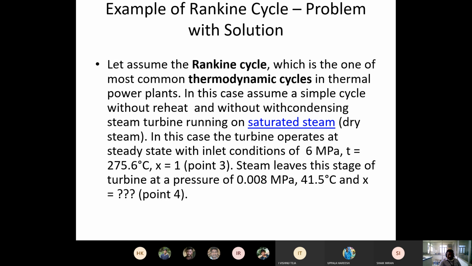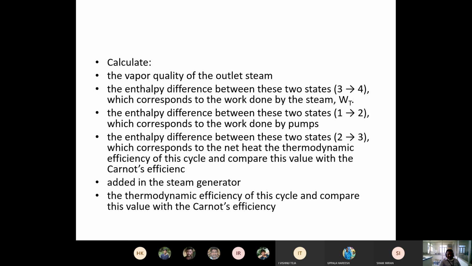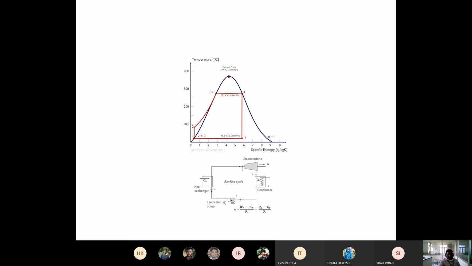Then come to the next slide. This is the entire required data. By using the given data with appropriate formulas, we can find the required values.